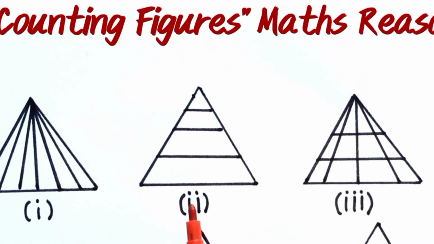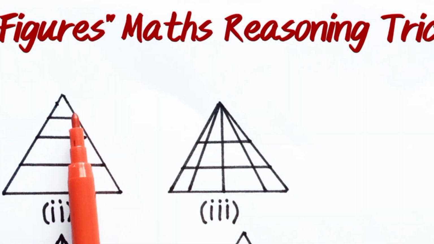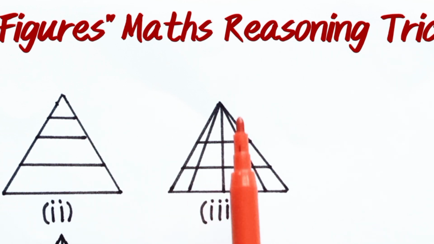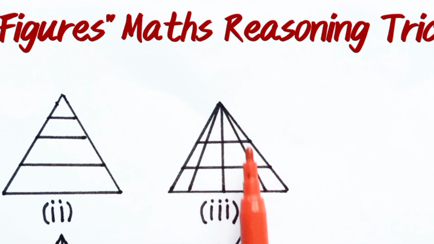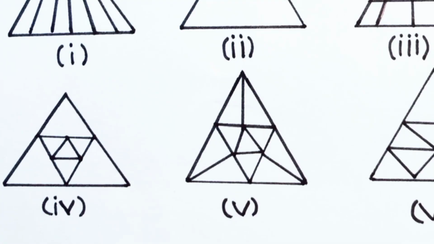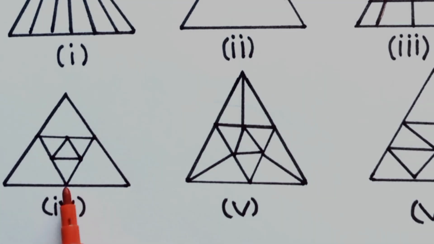In type 2, we need to count the number of triangles present in the given triangle when the triangle is divided by horizontal lines. In the third type, we are going to count the number of triangles when a triangle has both vertical lines as well as horizontal lines. So in this type, we can see both vertical and horizontal lines. And in the fourth type, a triangle has an inner triangle and this inner triangle is touching all the edges of the outer triangle.